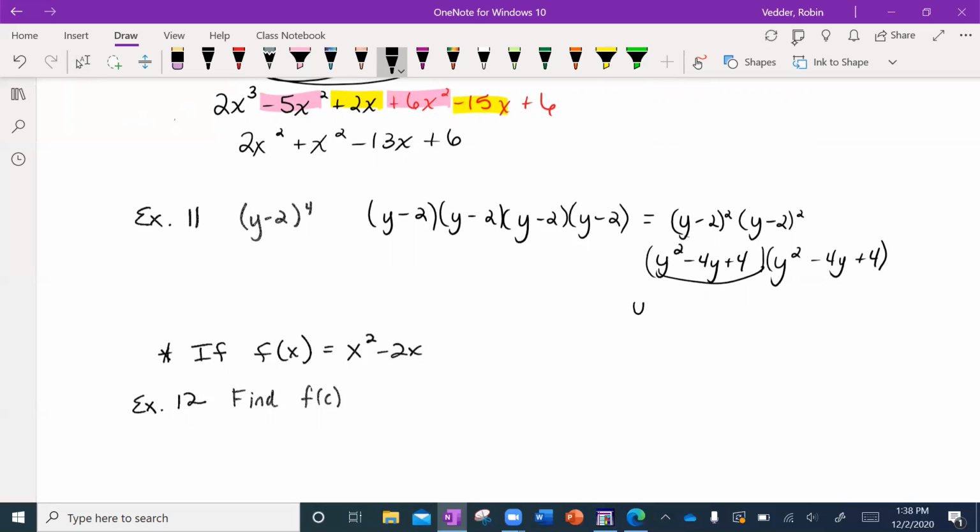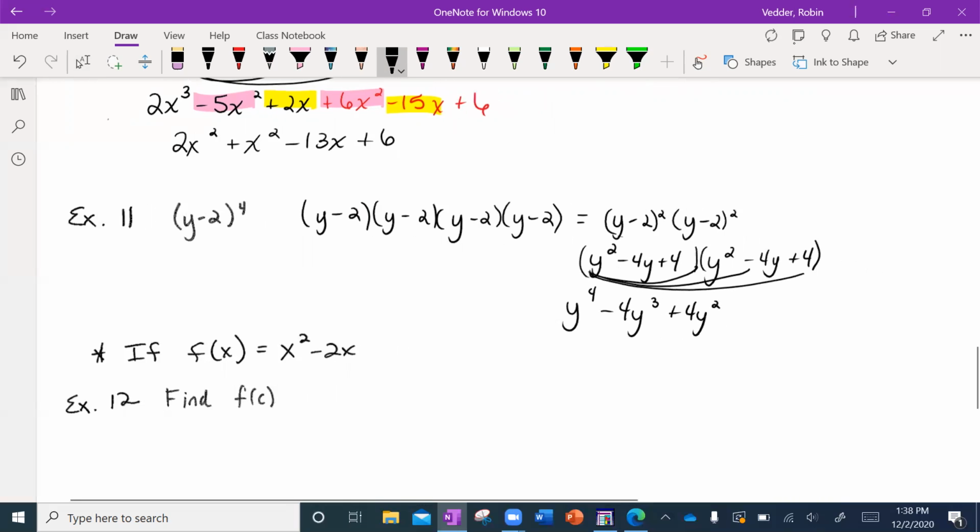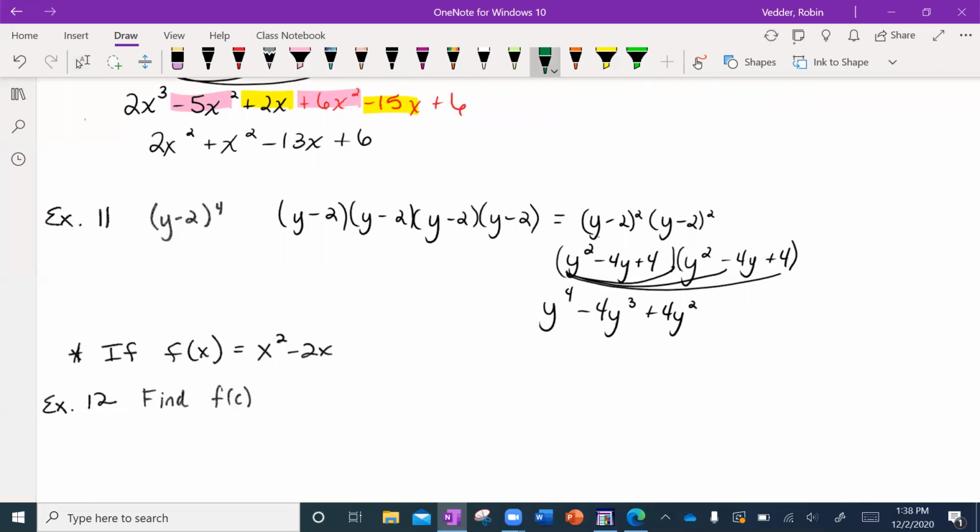Y squared times y squared is y to the fourth. Y squared times negative 4y is negative 4y cubed. Y squared times 4 is 4y squared. Moving on to the middle, we're going to multiply negative 4y times everything, which gives us a negative 4y cubed.